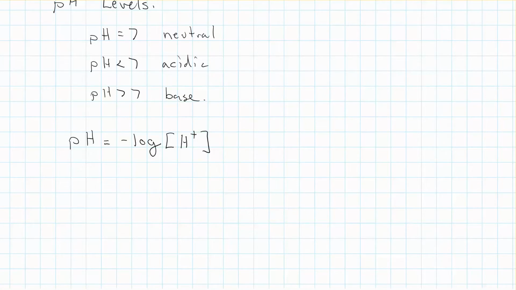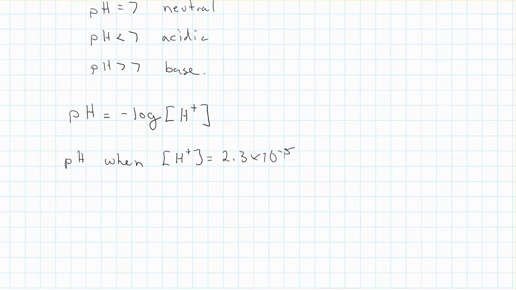Let's do the pH when H plus is equal to 2.3 times 10 to the negative fifth. And so the pH would just be simply, this is literally just plug and chug, minus log of 2.3 times 10 to the negative fifth. And so let's go ahead and plug that into our calculator.